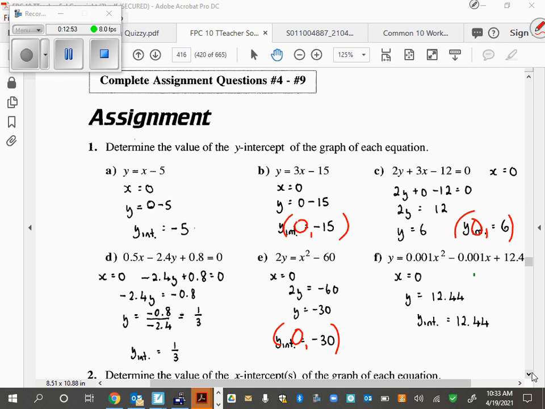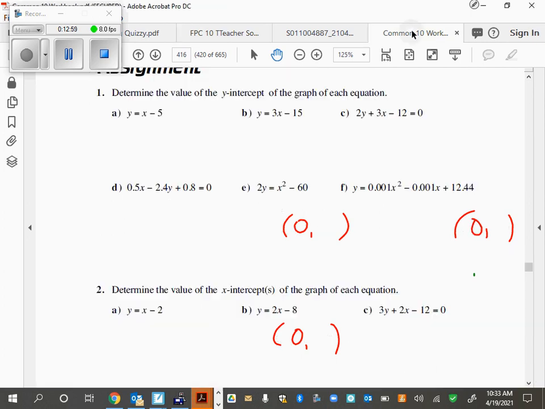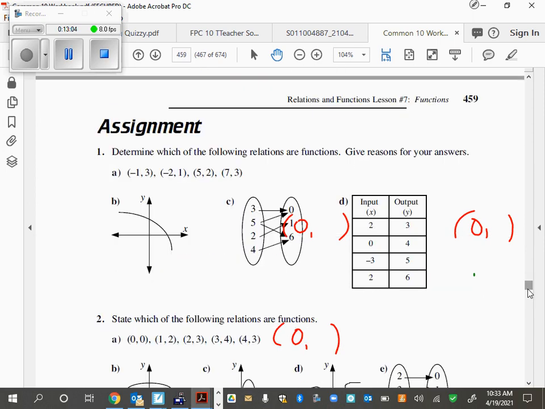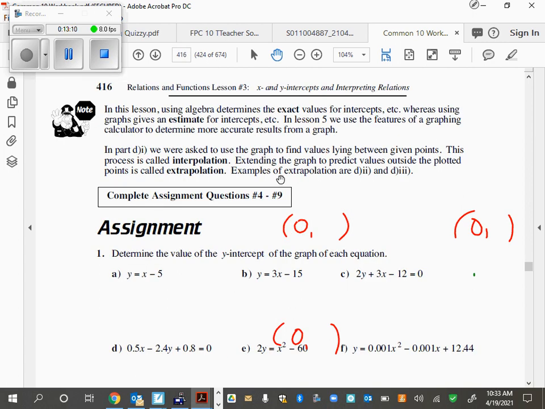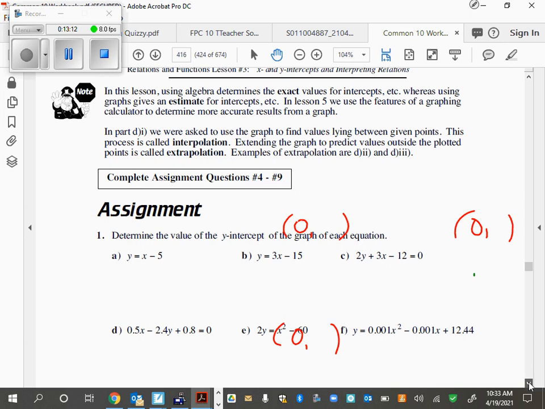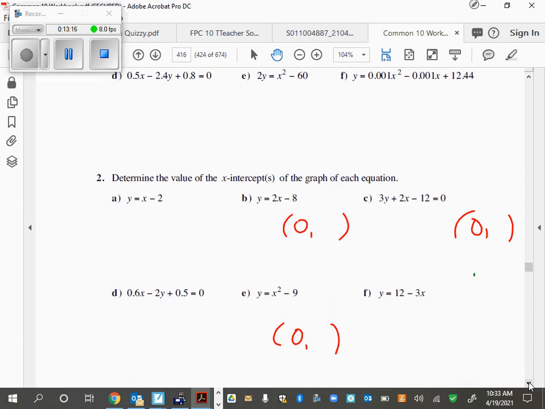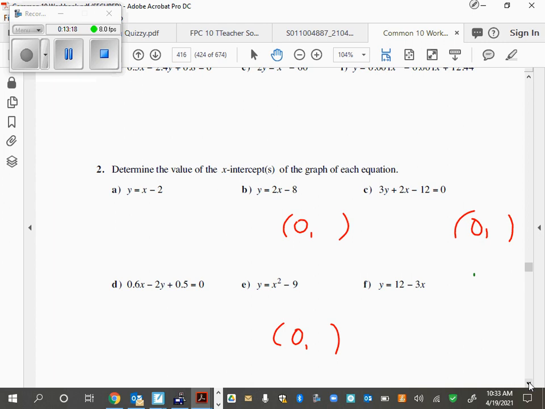Okay, let's do the same thing, except if you did an easy question, you can't do an easy question again. So we're now doing the same thing, B, C, or E, for number 2, find the x-intercept.